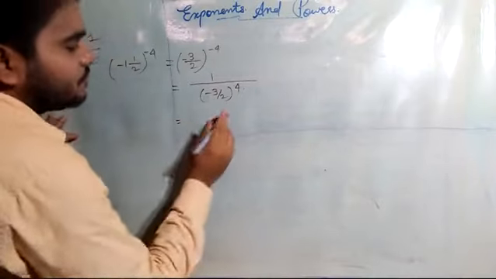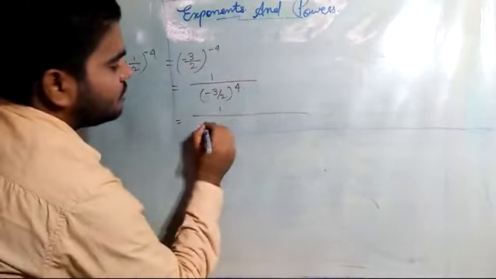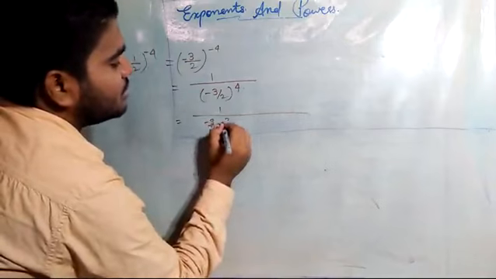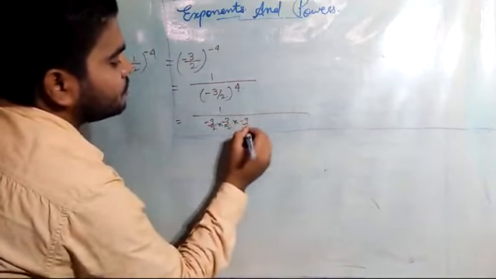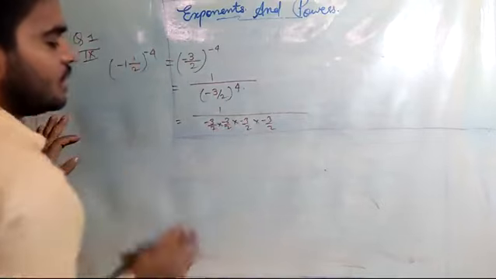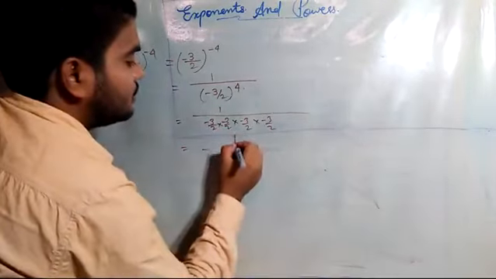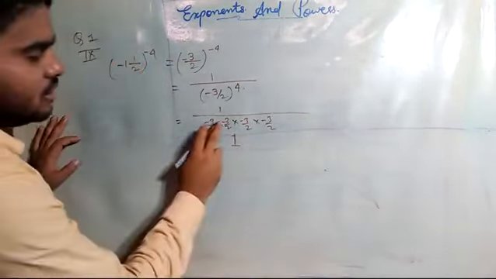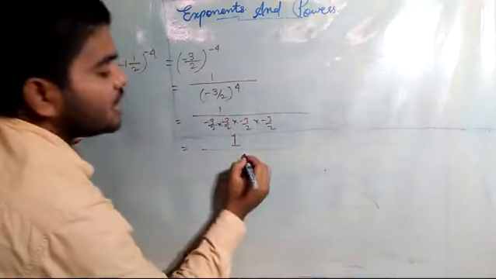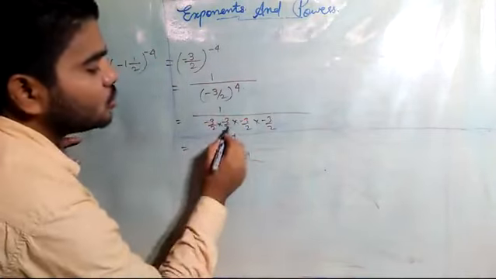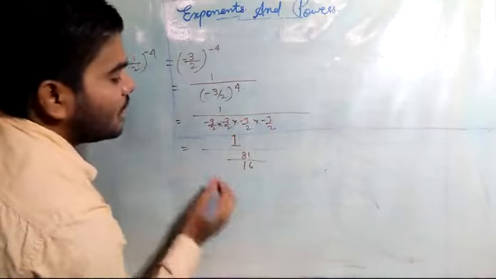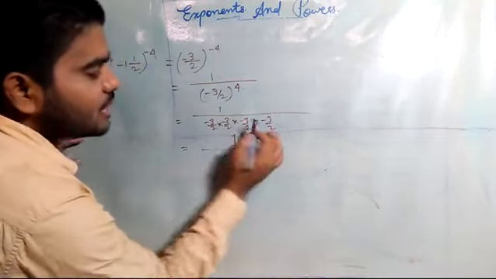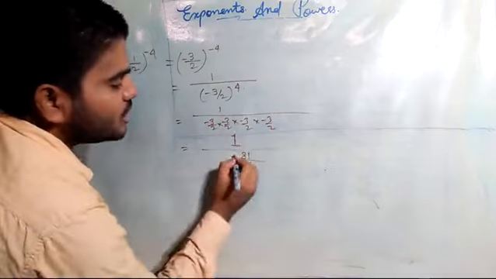Now if you expand, it will be minus 3 by 2 into minus 3 by 2, and so on. 3 3s are 9, 9 3s are 27, 3 27s are 81, 81 upon 2 2s are 4, 2 4s are 8, 2 8s are 16, and minus into minus is plus, plus into minus is minus, and then minus into minus is plus, so obviously it will be plus.